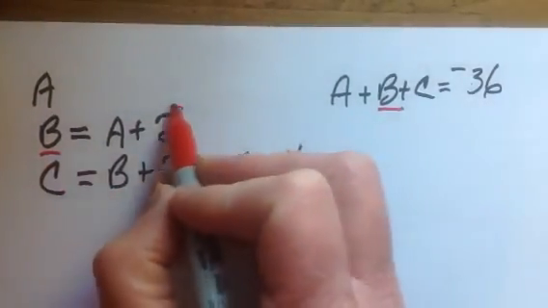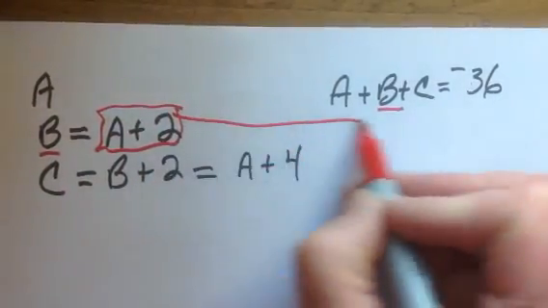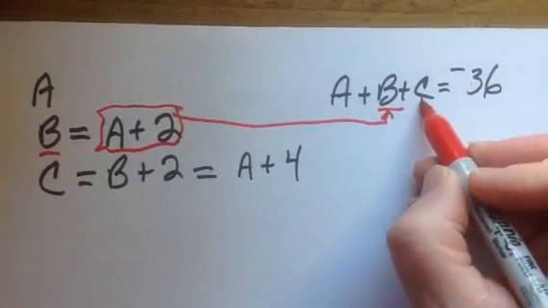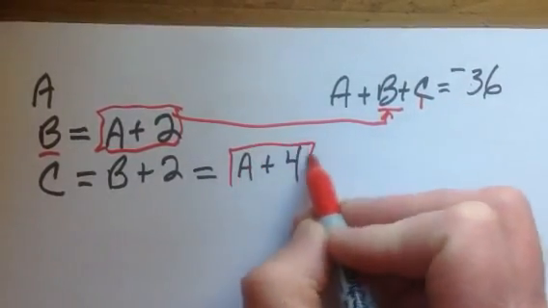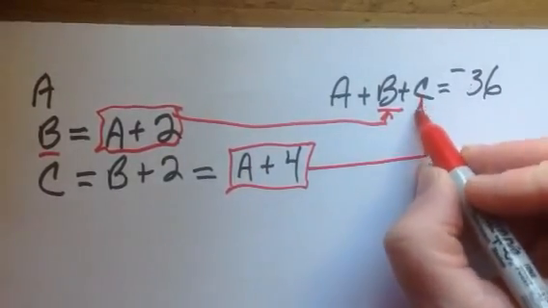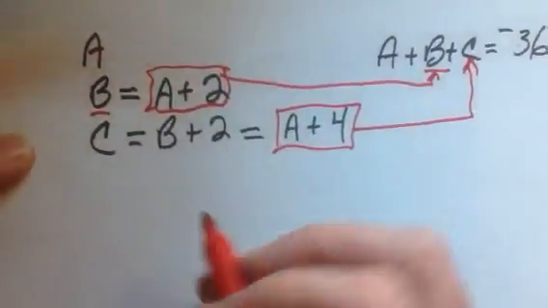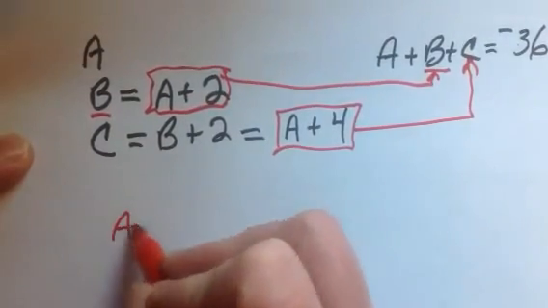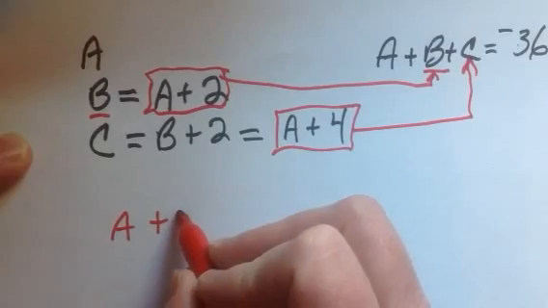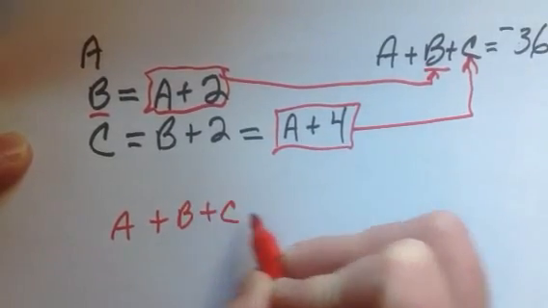So what I say we do is substitute in for B and make it all in terms of the variable A, and the same thing with C. I might as well copy it down so I don't mess it up.